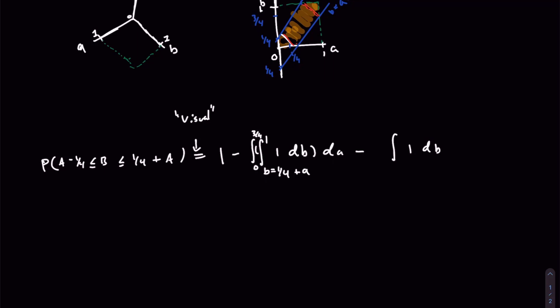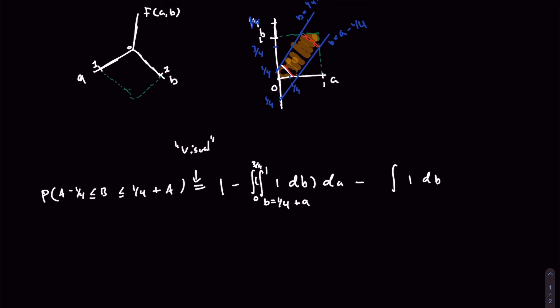The density is 1 because it's uniform, and again we're doing this with respect to b first. We're taking all those small slivers, and that means we're going from 0, that's the lower limit, up to this equation up here.